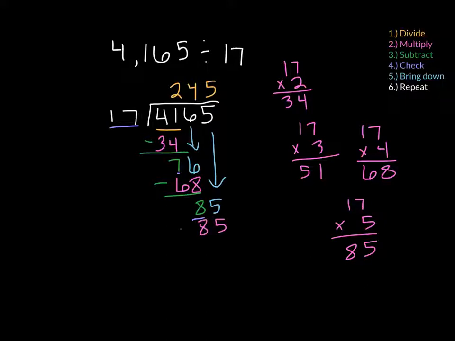So we subtract, and we have no remainder. So 4,165 divided by 17 is 245.